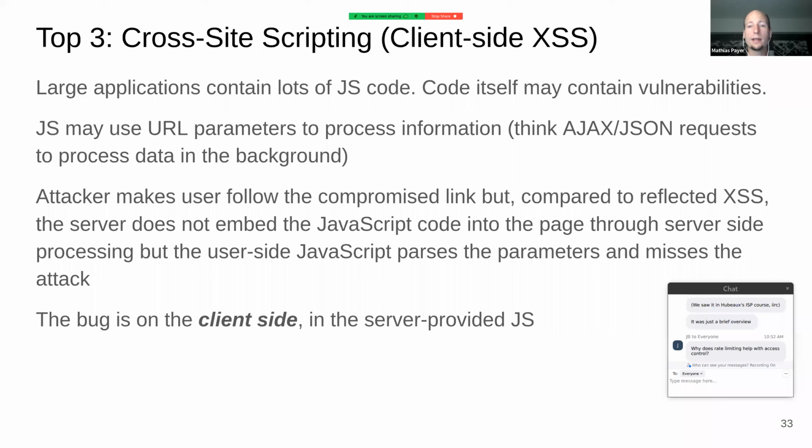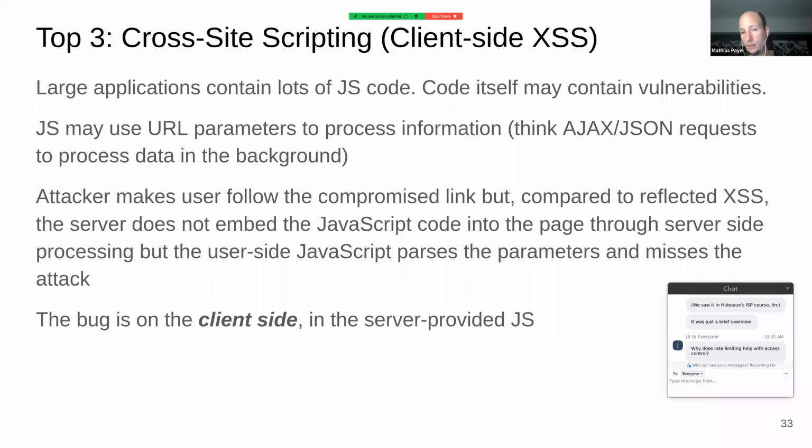So the attacker is providing this JSON request data, and the client side is missing the validation, and therefore the cross-site scripting code is being executed on the client side. So the bug is on the client side here, in client-side JavaScript code that processes attacker-controlled data and does not manage to escape it.